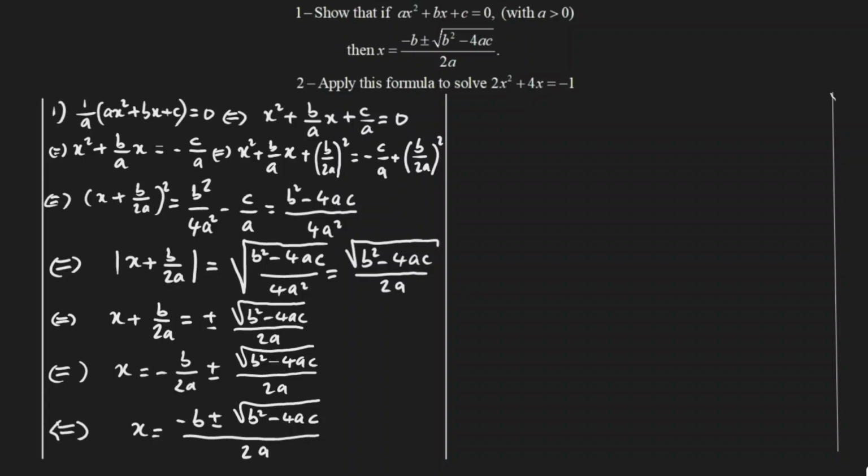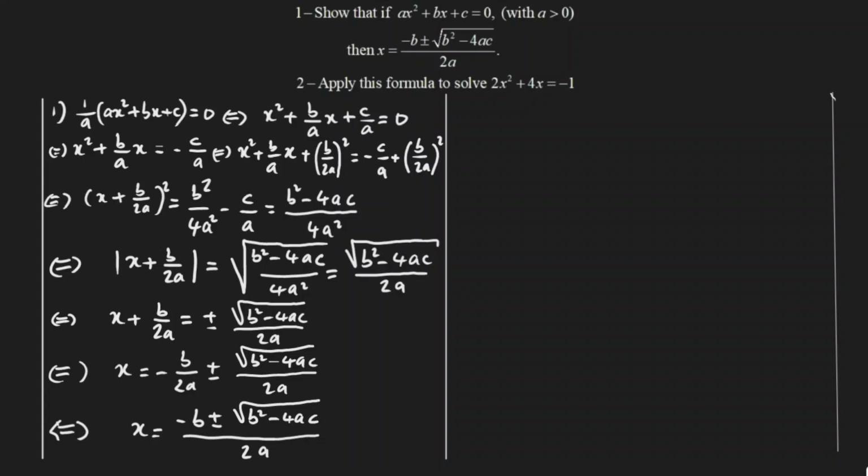And we have shown that if you have such a quadratic equation, ax squared plus bx plus c equal to 0 with a strictly positive, then x will be equal to minus b plus or minus the square root of b squared minus 4ac divided by 2a.